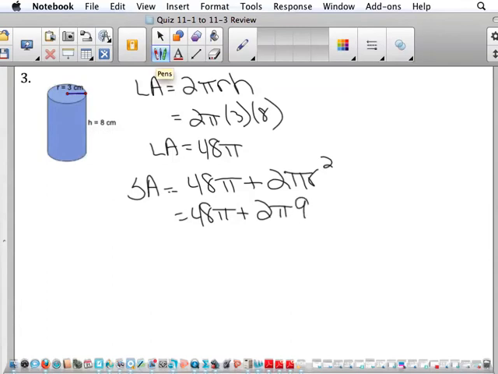The radius is 3. When I square that, I get 9. So I have 48 pi plus 18 pi. That's going to give me 66 pi centimeters squared as the surface area of this circular cylinder.